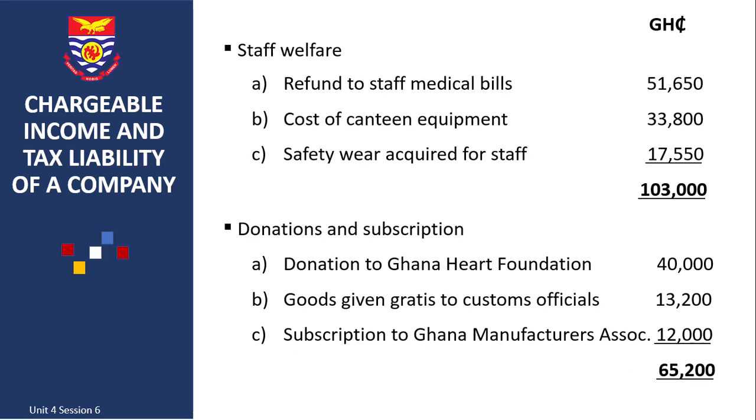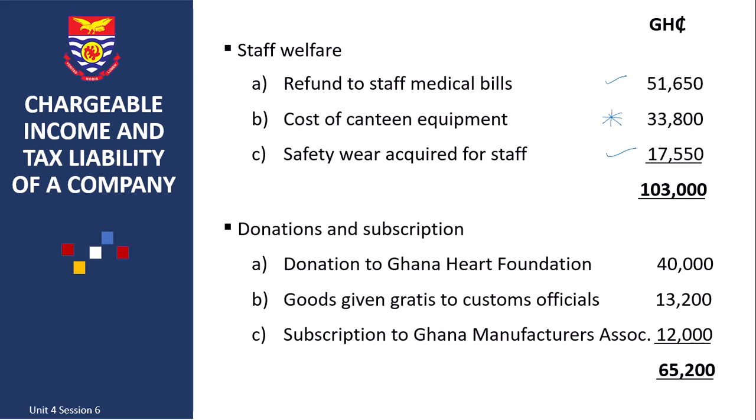Staff welfare. We have refund of staff medical bills, cost of canteen equipment, safety wear acquired for staff. We are going to allow refund of staff medical bills and safety wear acquired for staff, and disallow cost of canteen equipment. This is because it is also of capital nature.